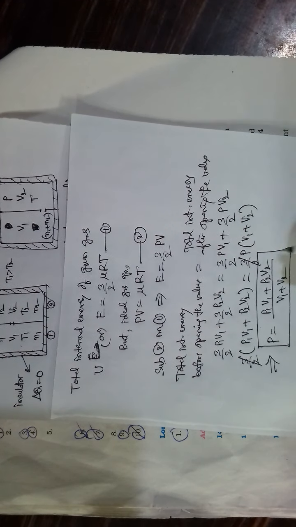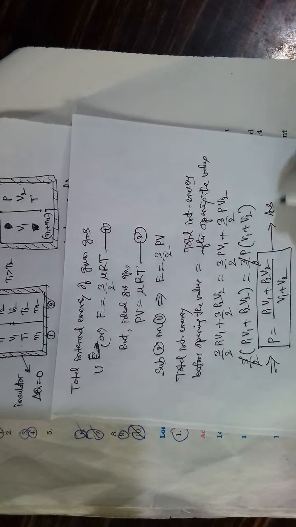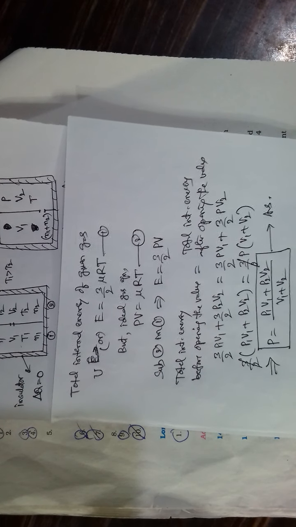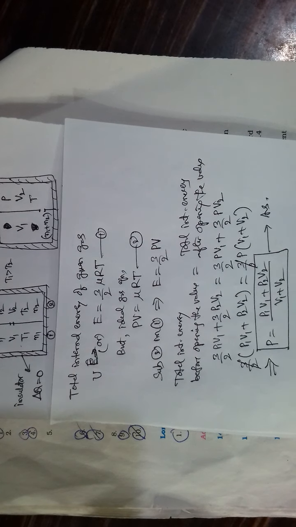We got one answer. Next, just like this, we have to find the temperature T also, the equilibrium temperature. Ideal gas equation: PV is equal to mu RT.